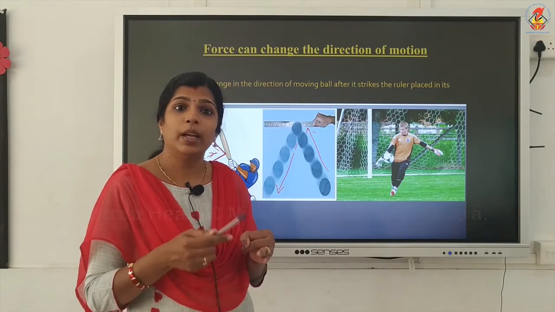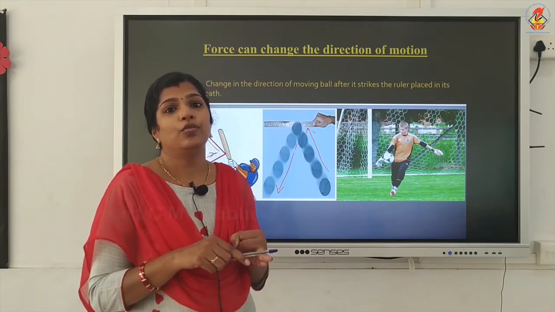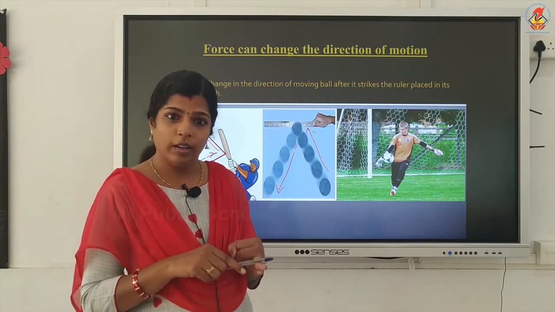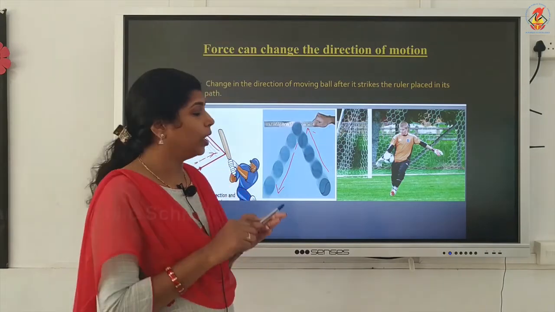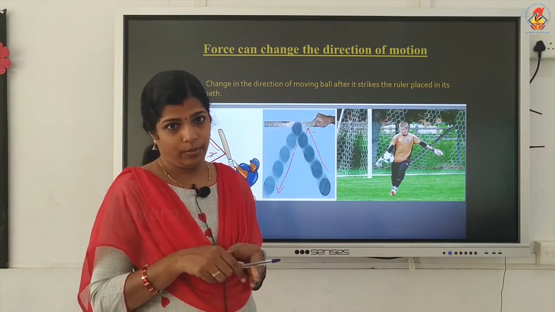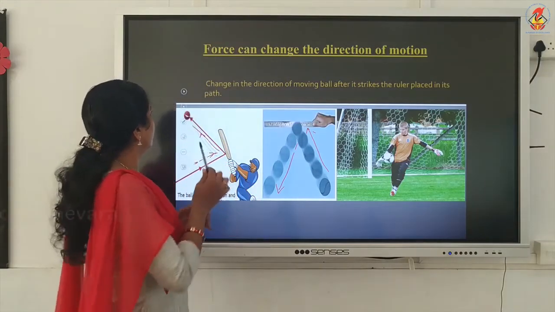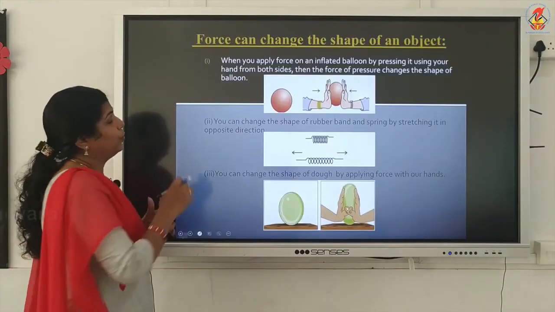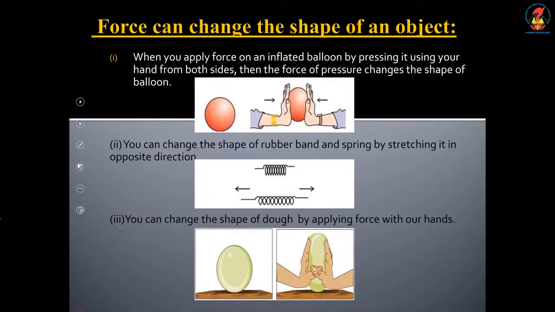If a force is applied opposite to the direction of motion, then the speed will decrease. Now, third one, a force can change the direction of motion. Okay. Now, fourth one, a force can change the shape of an object.